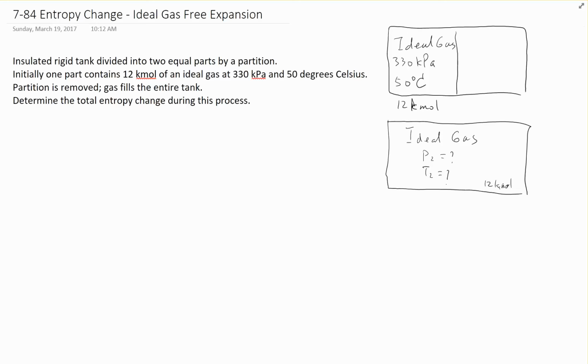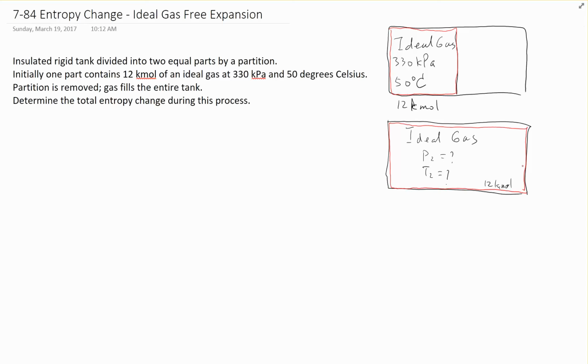How do we define the system? Initial system is an ideal gas system occupying this volume. And the final system becomes bigger in volume, but mass is the same. It's the same closed system, the same bunch of molecules, the same 12 kilomoles of an ideal gas.